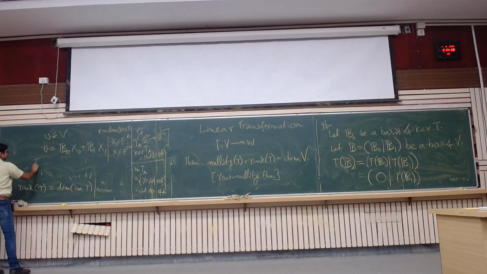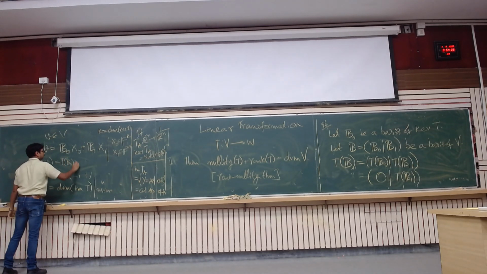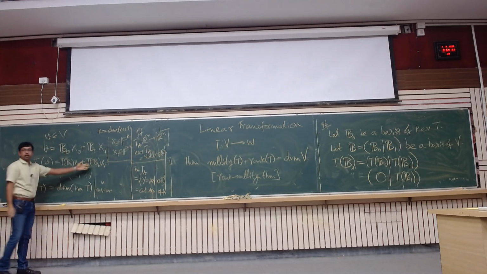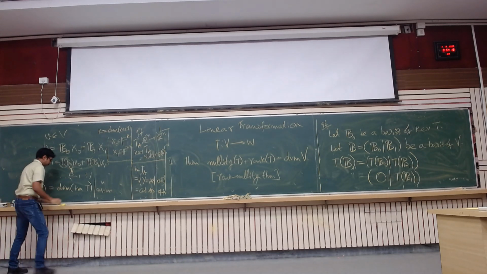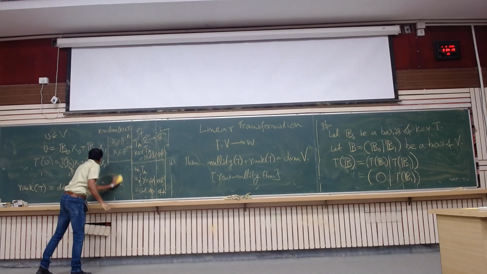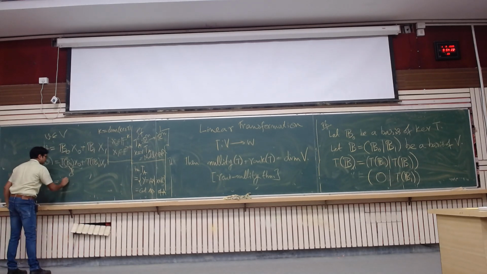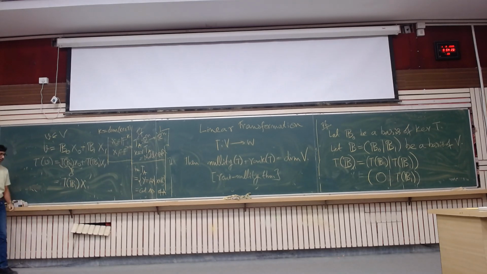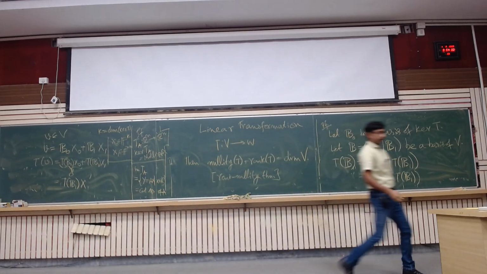Then you apply T to this. What happens? You get T(B0) x0 plus T(B1) x1 because T is compatible with linear combinations. This first term is equal to 0. So you get that T(v) is equal to just T(B1) x1.